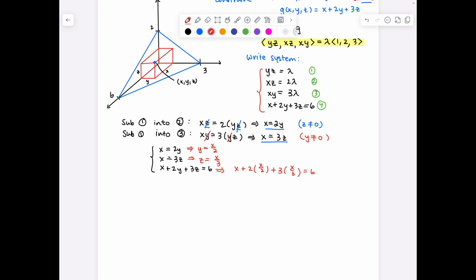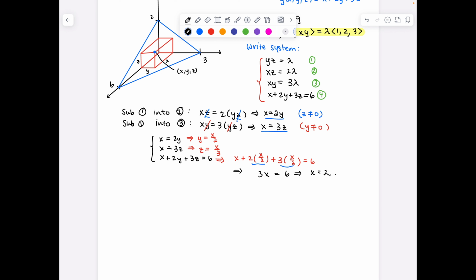And then simplifying, this is just an x, this is just an x as well because of the multiplication by the constant. And so from there, this tells me that 3x is equal to 6, which implies that x is 2.